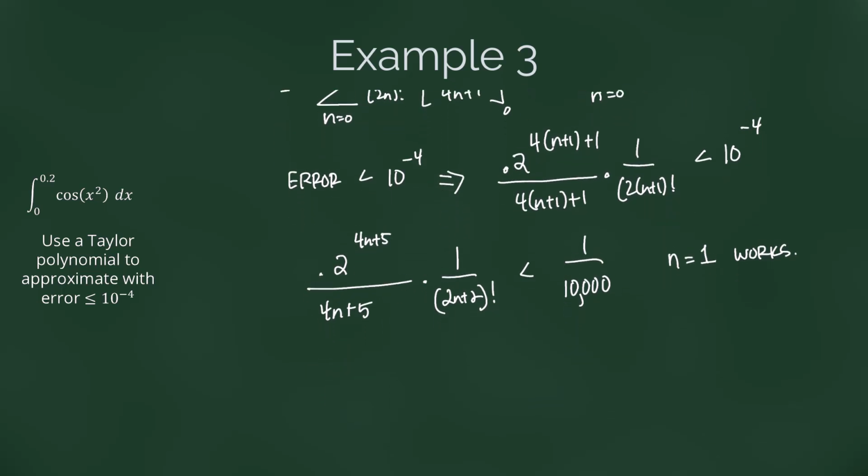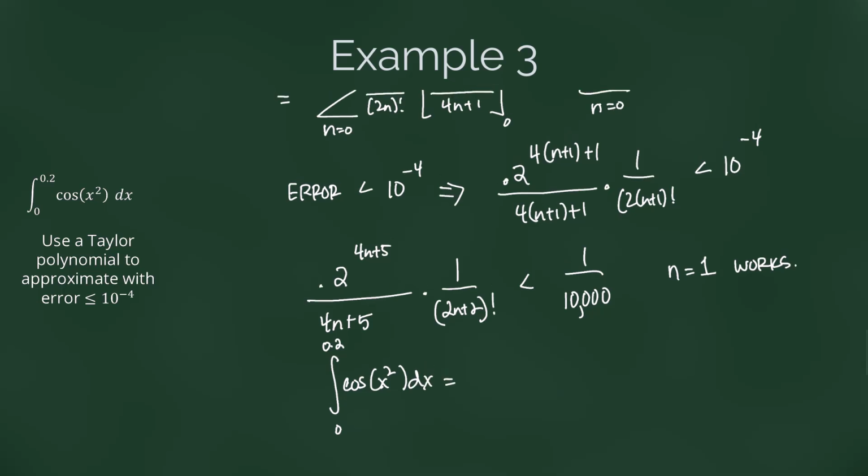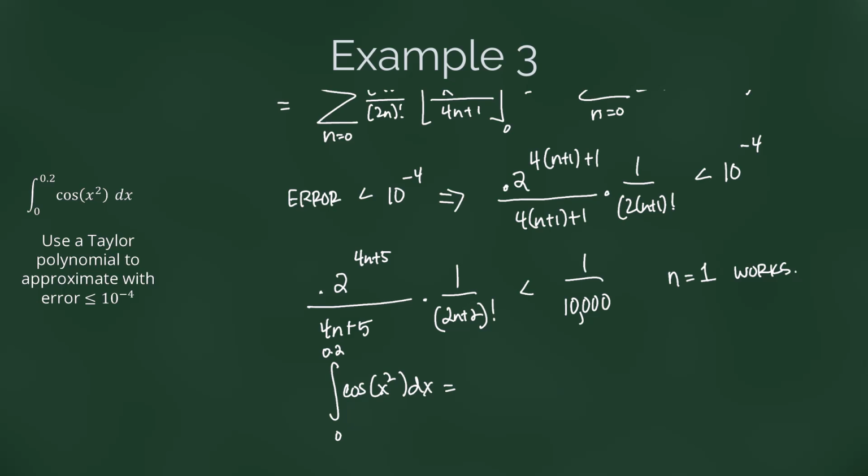And so if we use the first two terms, we can say that the integral from 0 to 0.2 of the cosine of x squared dx, our first two terms are going to look like 0.2 minus 1 over 2 times 0.2 to the 5th over 5. So this is when n equals 0 and when n equals 1.